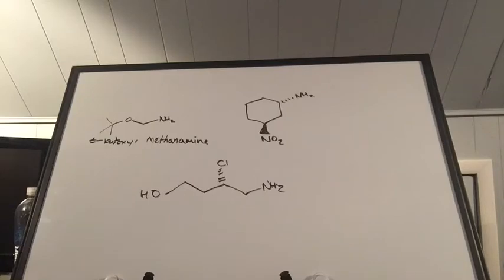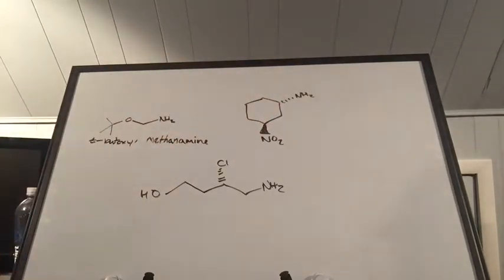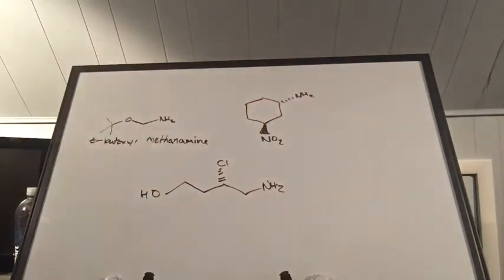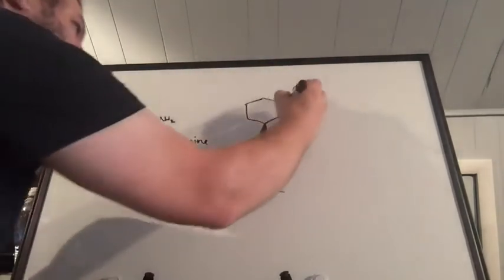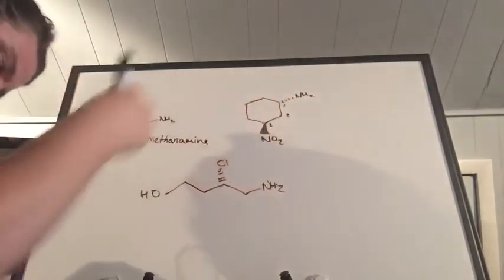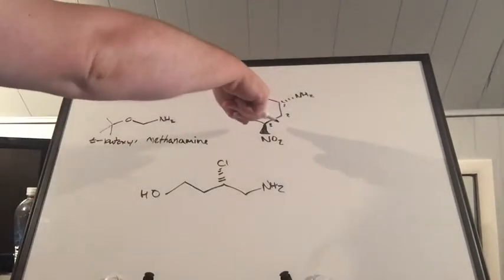Okay, so let's take a gander here at the problem at the top. We have NH2, which is going to be higher priority than our nitro group, which is right there on the bottom. So we want to use this as the top locator number. So we go 1, 2, 3, because we want to have our lowest locator numbers, right? We don't want to go all the way to 5.